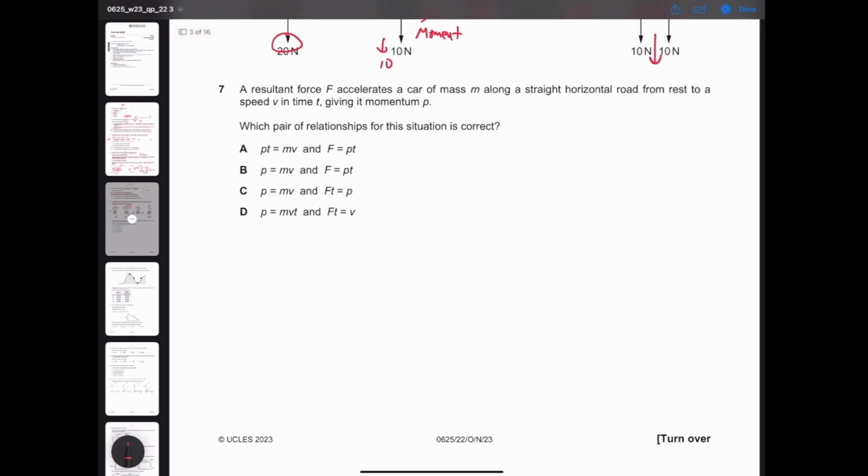Now, a resultant force accelerates a car along a road from rest to V in time T. Okay. All right, so it is going from U equals 0 to V in T time. Which pair of relationships for this situation is correct? So this is momentum into time, force is equal to power into time. Sorry, momentum into time. So this is telling me that we have to apply the relations of impulse here.